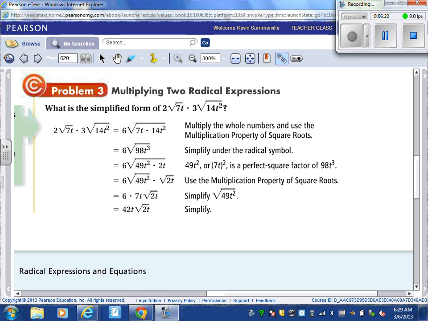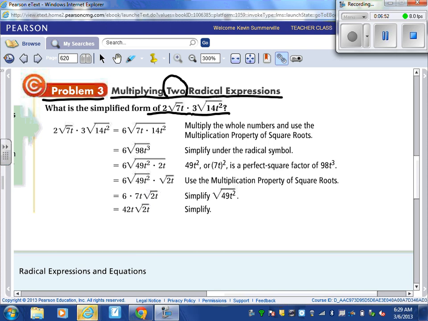Let's take a look at problem 3, multiplying two radical expressions. We were given 2 square root 7t times 3 square root 14t squared. What's my first step in solving this problem?